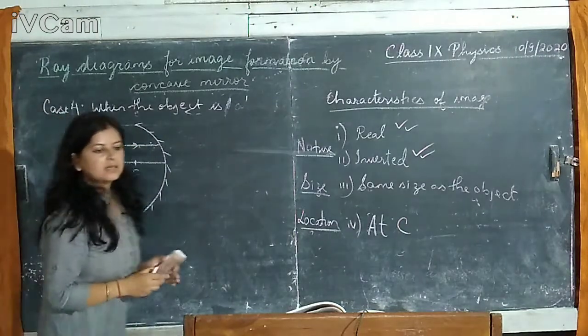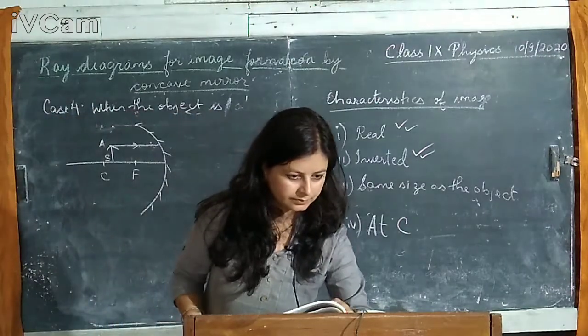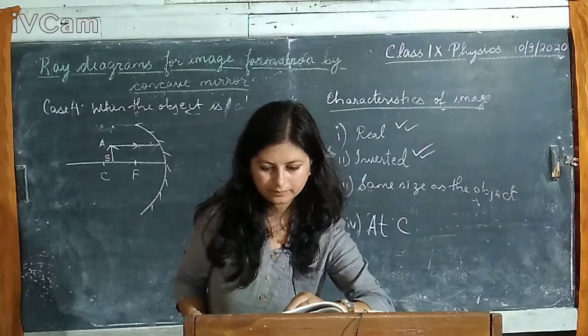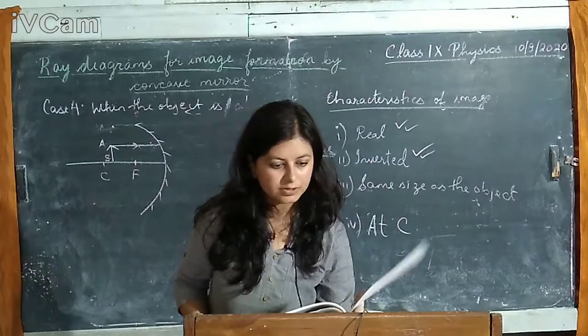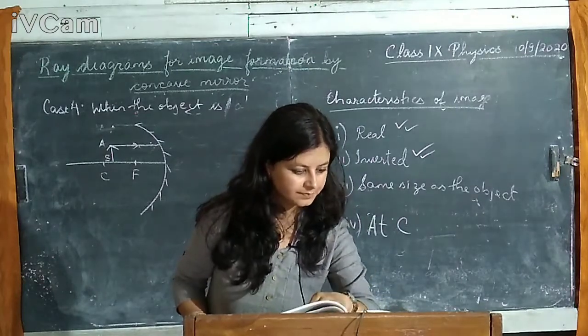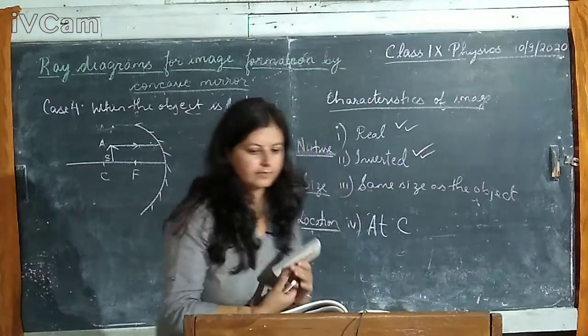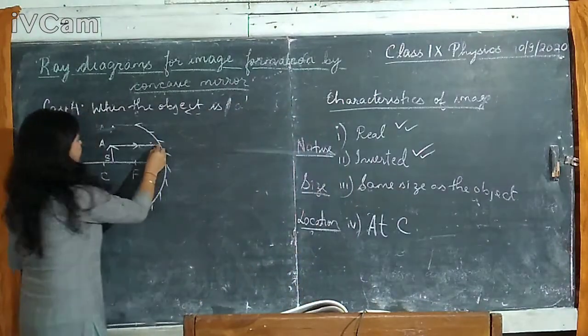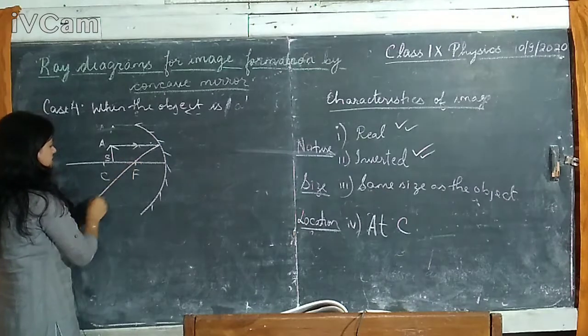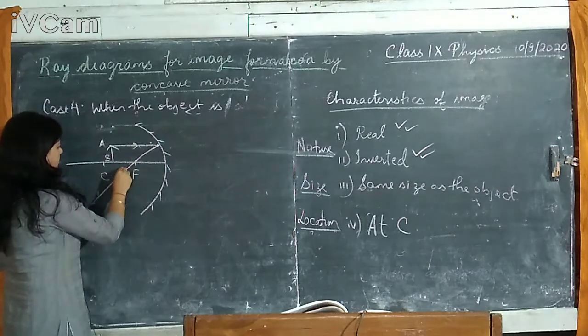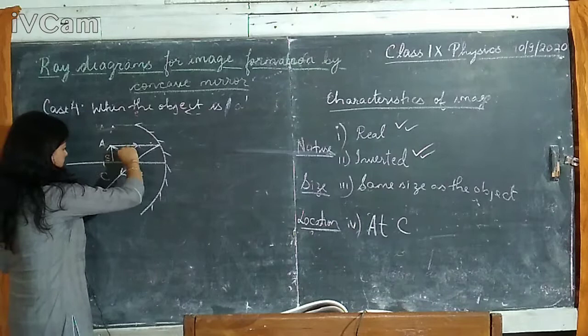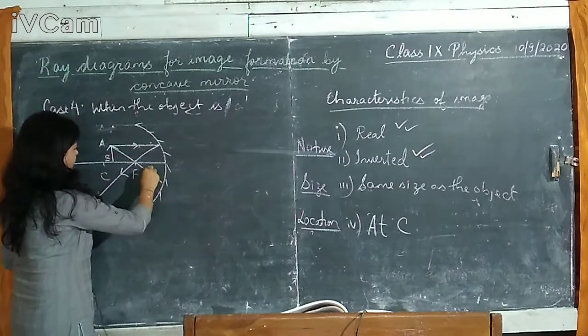Okay, the first ray, which is parallel to the principal axis, will pass through the focus. This is not a problem. Okay, second ray again, let it cross the focus.